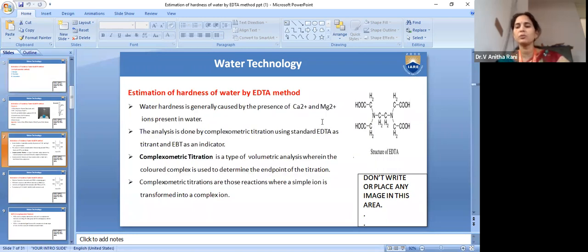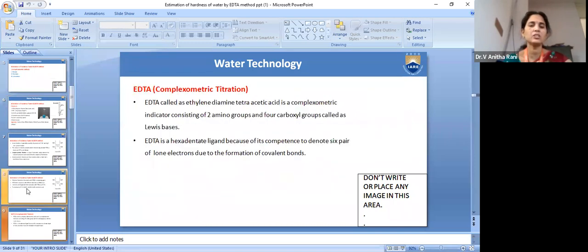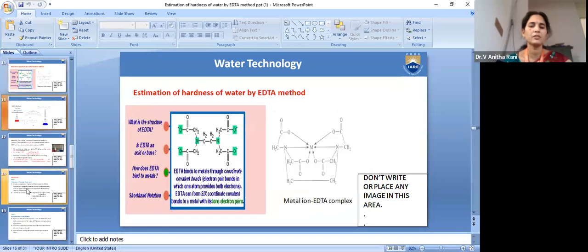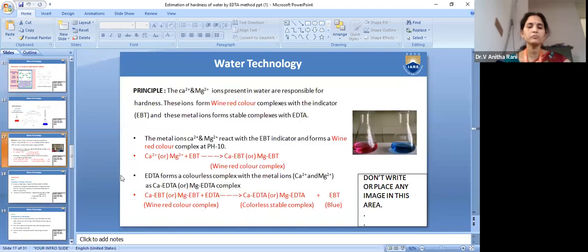When we use EDTA and react it with the calcium and magnesium salts present in water, in the principle you can see EDTA reacts and forms a calcium EDTA complex. I will show you the principle.